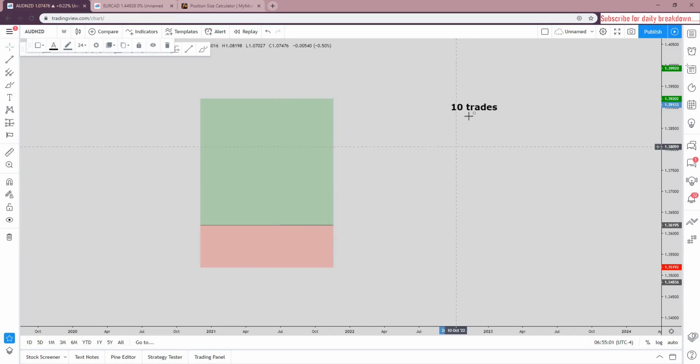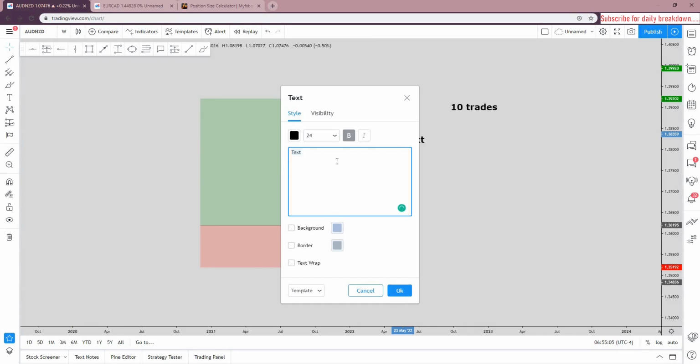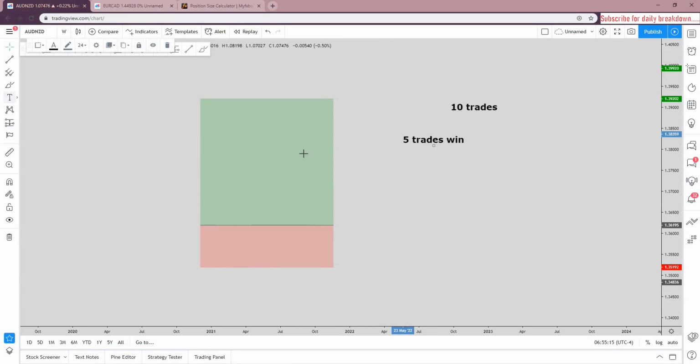Obviously trading is a game of probabilities, so you won't be right all the time. Let's say we have a 50% win rate, so we win 5 trades and we lose 5 trades.